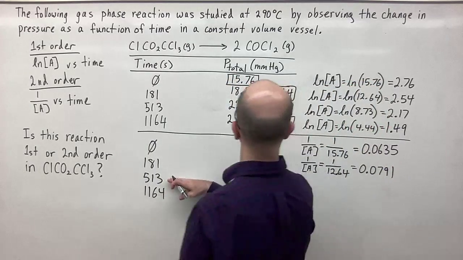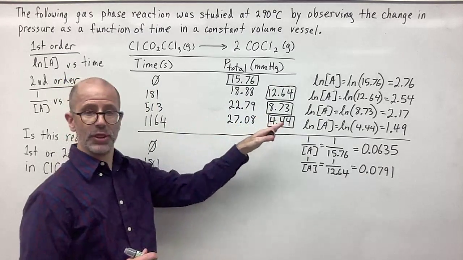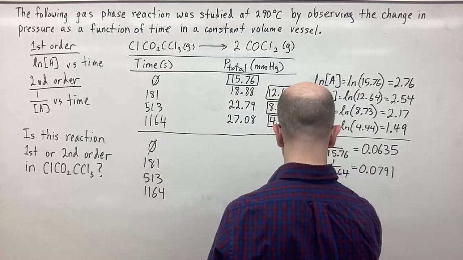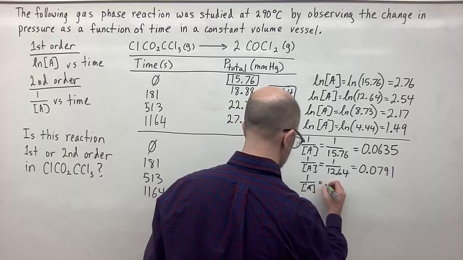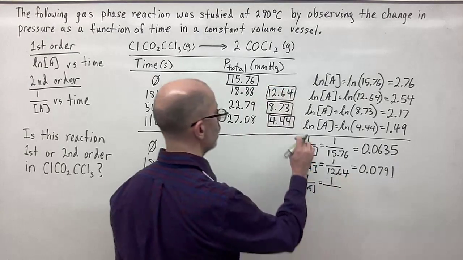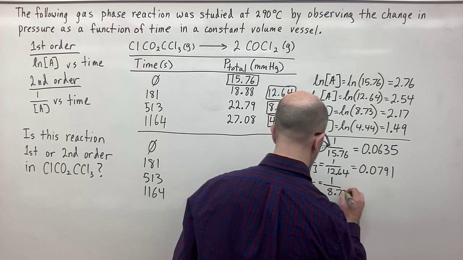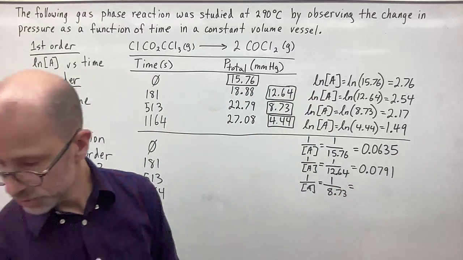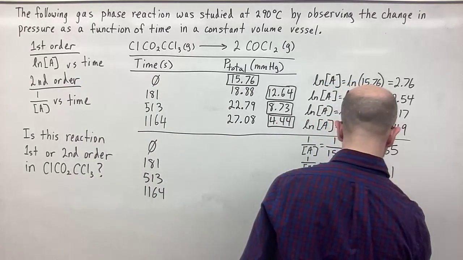At 513, we have 8.73. So 1 over A is going to be equal to 1 over 8.73, and that's going to be equal to 0.115.